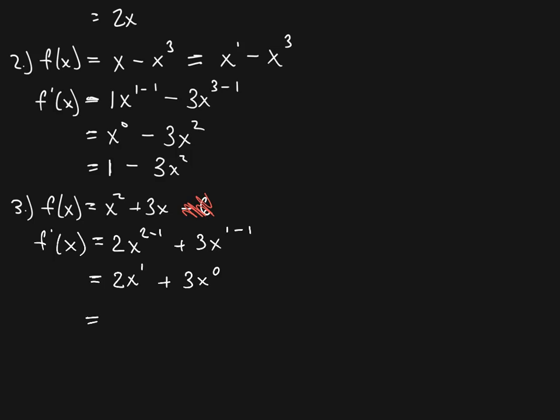Well, 2x to the 1 is simply 2x, and 3 times x to the 0, anything raised to the 0 power is 1, so this is going to be simply 2x plus 3. So this is our derivative for x squared plus 3x.